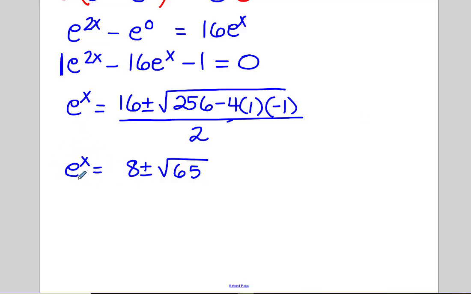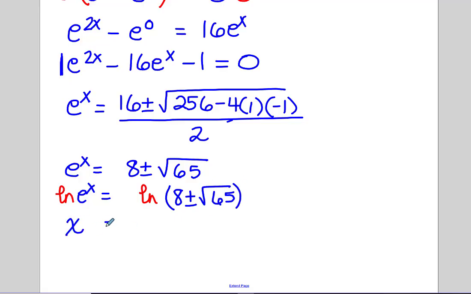Now, we don't know what x is, we just know that e to the x is that. So again, we're going to take the natural log of the left and the natural log of the right to be able to get x away from the power and down to where we can find some reasonable value.